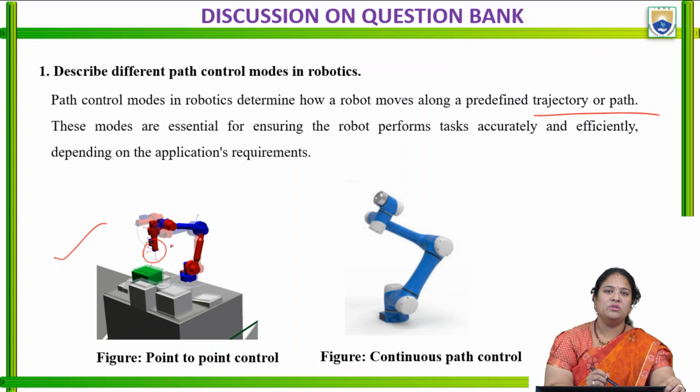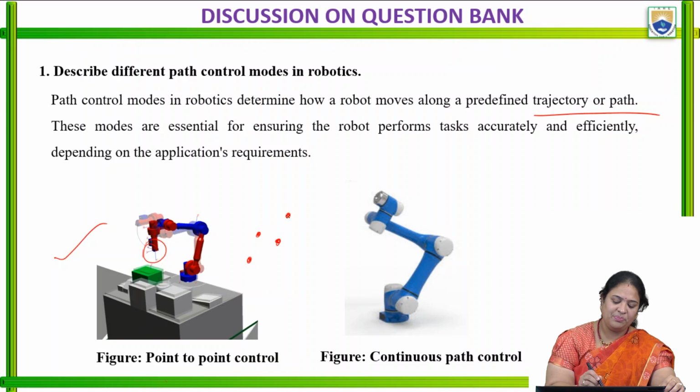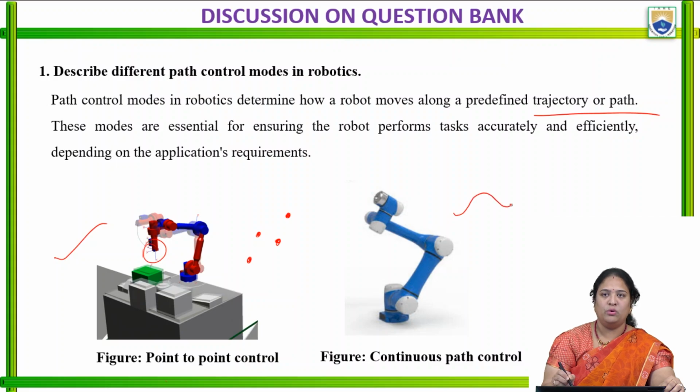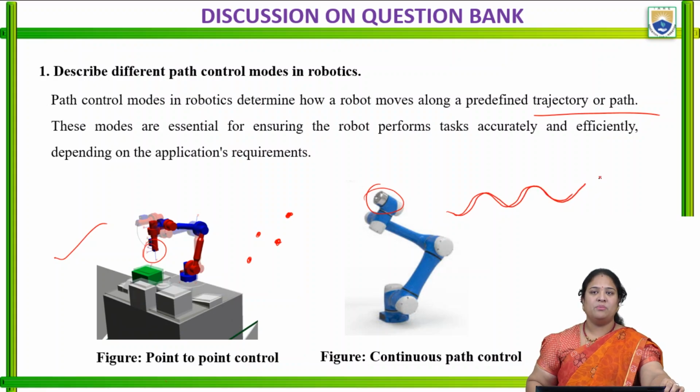The movement of the robot's end effector will be done from one point to the other point, whereas in the continuous path control, the movement of the robot is in a continuous form. Here, this is the end effector, where it is moving from the initial position to the final position in a continuous process. So that is known as continuous path control.